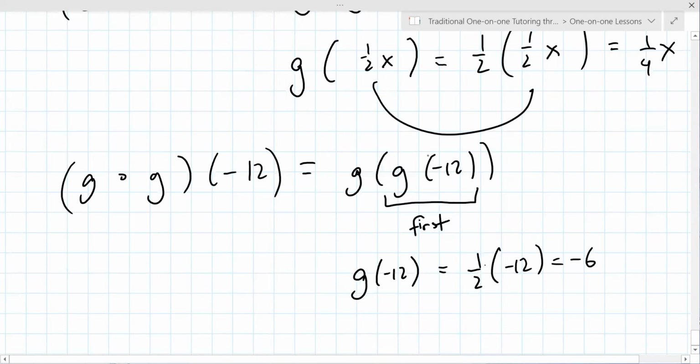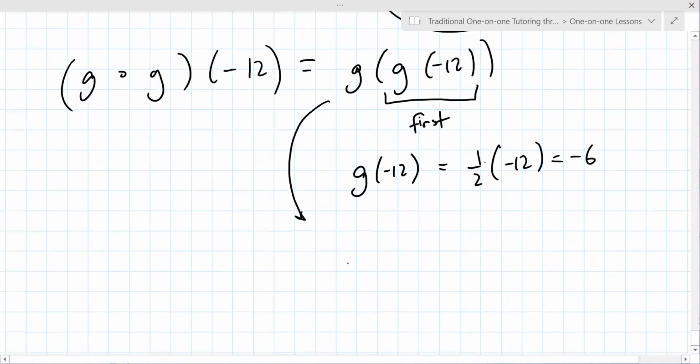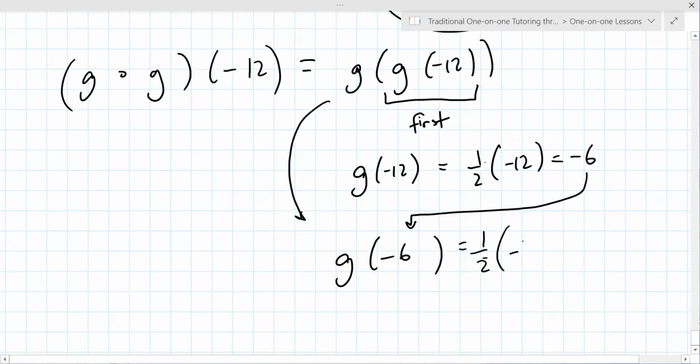So all of this becomes g of -6. Well, what is g again? It's 1/2 of whatever the x value is, which is -6. So that becomes -3, and that's your final answer.